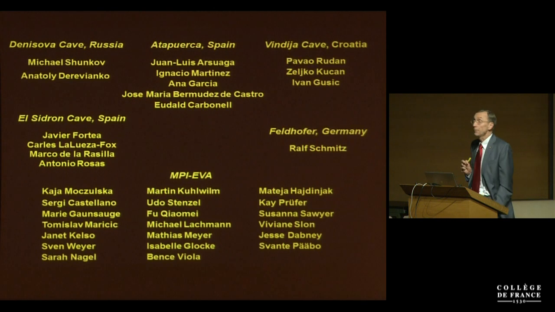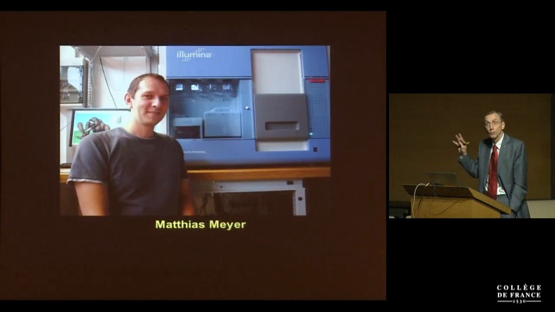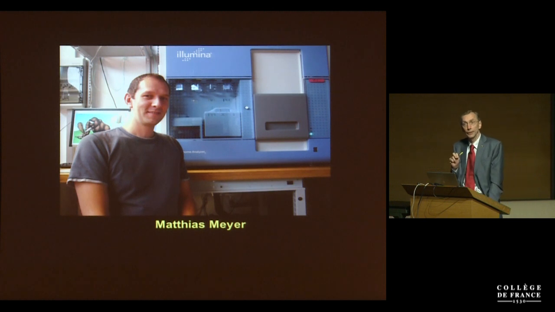I should say that many, many people help with this, many people that contribute fossils to our work. Some of the most important ones are mentioned here. Many people help in the laboratory, too many people to mention. I just mention one person, Matthias Meyer, who invented this method of using single strands to make DNA libraries.